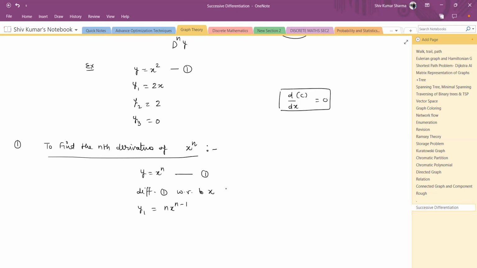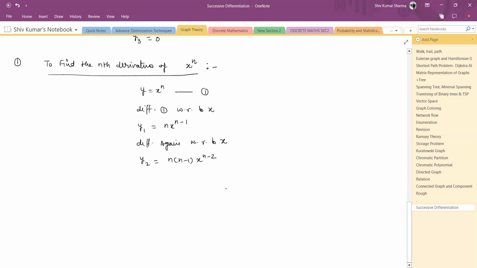Similarly, differentiating again with respect to x, y2 is equal to n into n minus 1 into x raised to the power n minus 2. This is the second differentiation. Differentiating again with respect to x, y3 is equal to n into n minus 1 into n minus 2 into x raised to the power n minus 3.